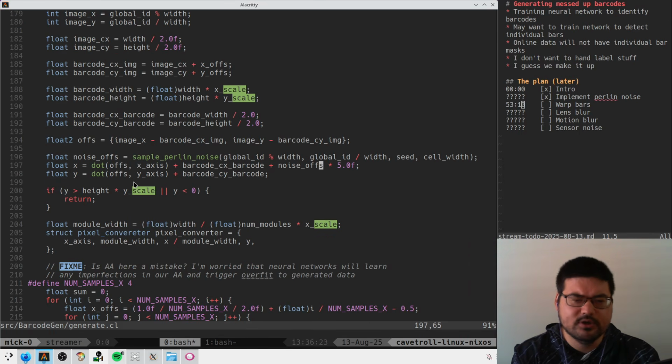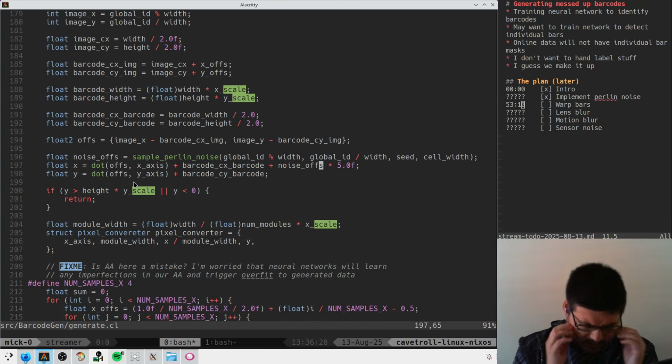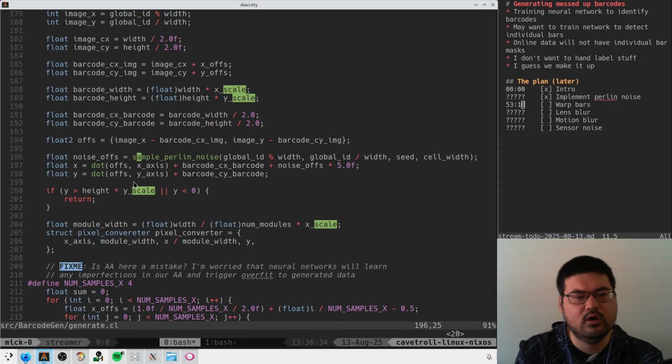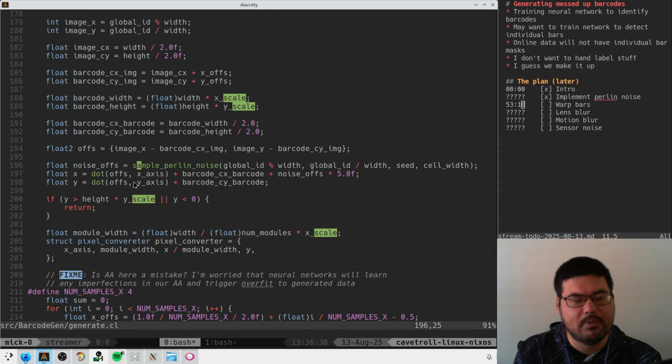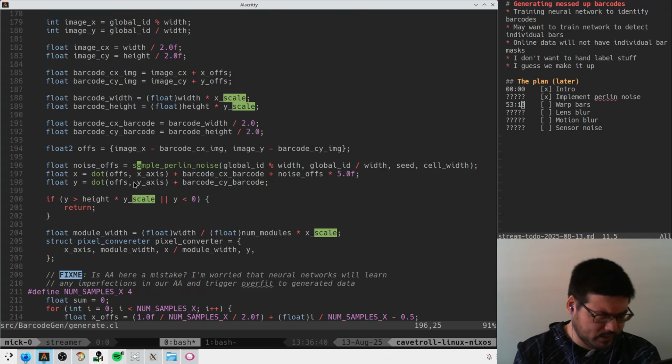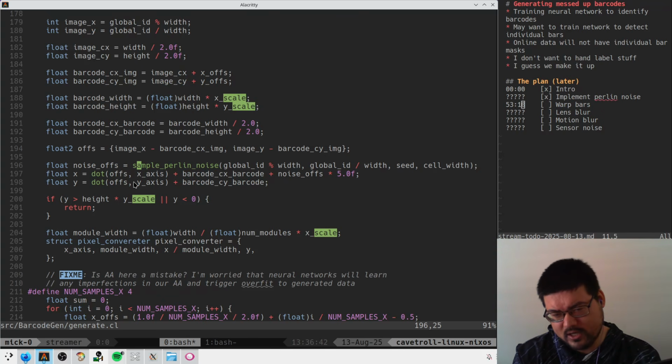So how do we handle the fact that we need 2 offsets now, right? We need these things not to be correlated, really.